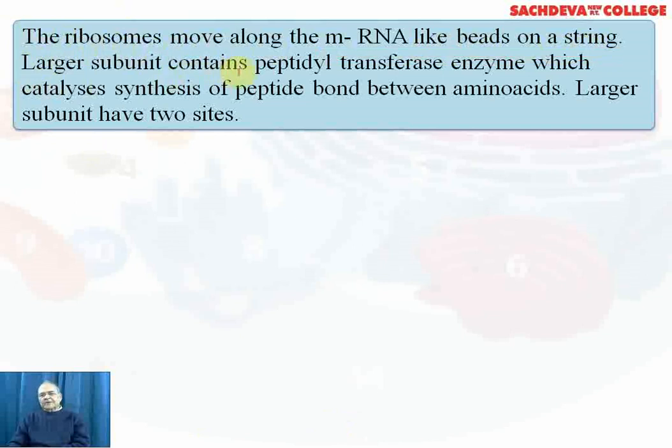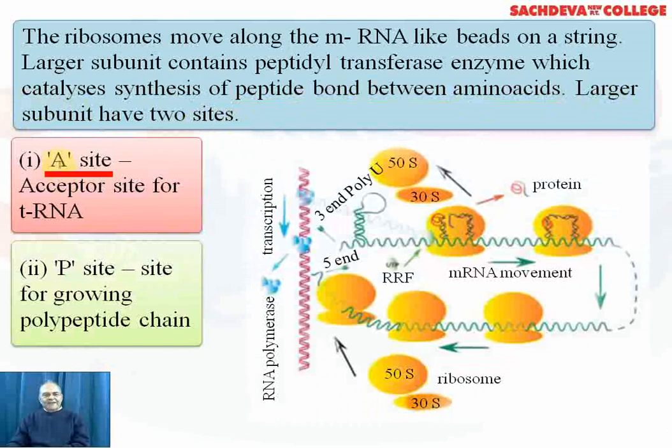The larger subunit contains the peptidyl transferase enzyme, which is responsible for peptide bond formation between amino acids, and the larger subunit has 2 sites, that is the A site or acceptor site for tRNA, and the P site for the growing polypeptide chain.